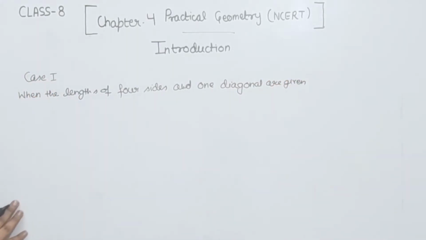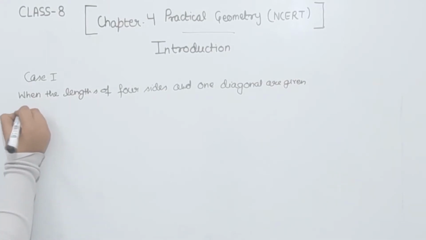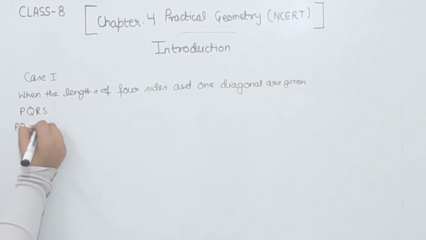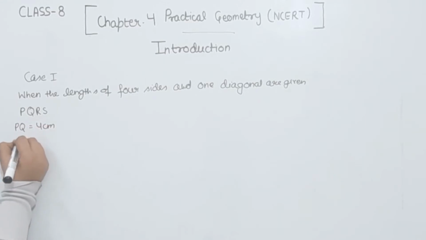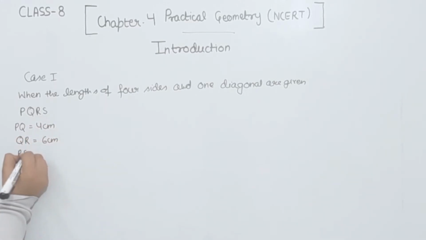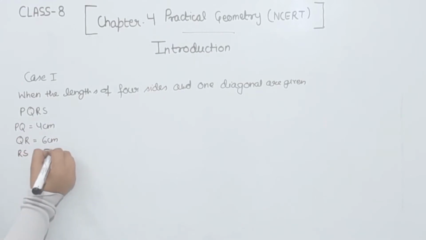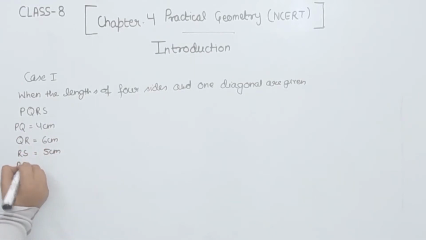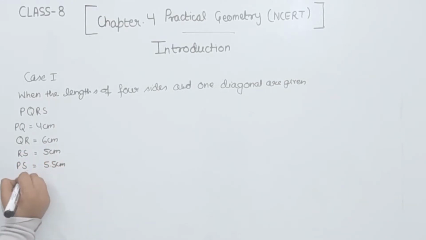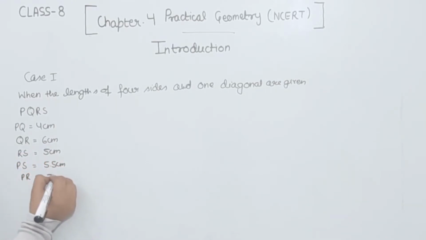This is the first case we'll have. Now let's take the example. So we'll have the quadrilateral PQRS. In this one, PQ we are having as 4 cm, QR as 6 cm, RS as 5 cm, and PS as 5.5 cm, and PR is 7 cm.